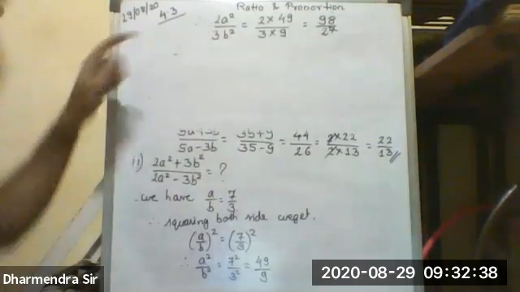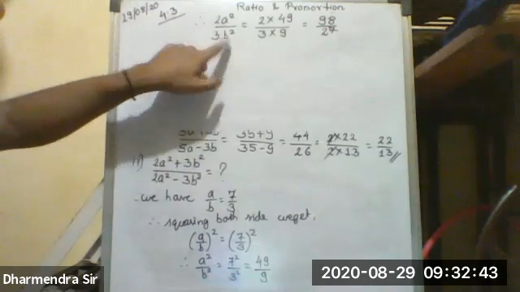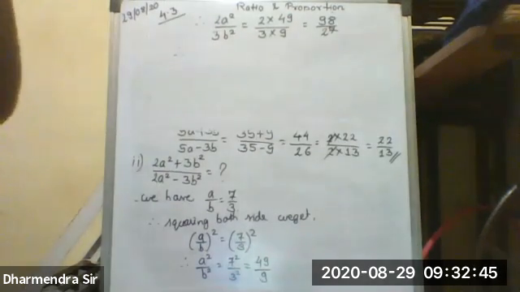So in this case, again, in order to get plus in the numerator and minus in the denominator with the same terms, we should use componendo and dividendo.